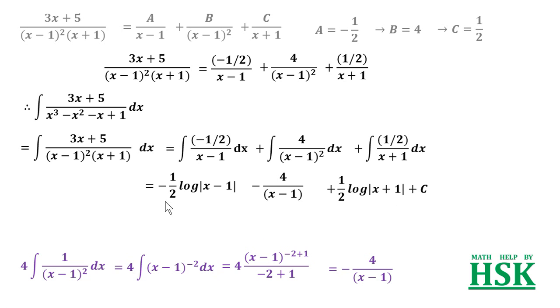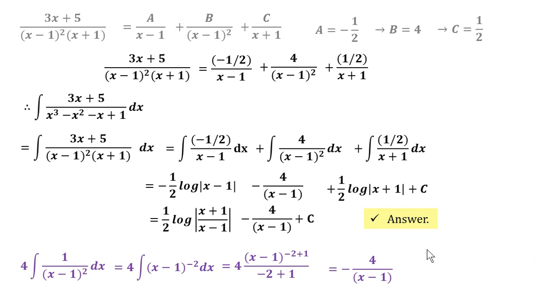From these two terms I can take 1 by 2 common, and applying the formula log m minus log n equal to log m upon n, I'm going to get 1 by 2 log of x plus 1 upon x minus 1, minus 4 upon x minus 1, plus c. So this is my required answer.